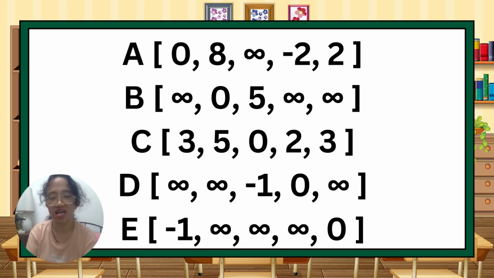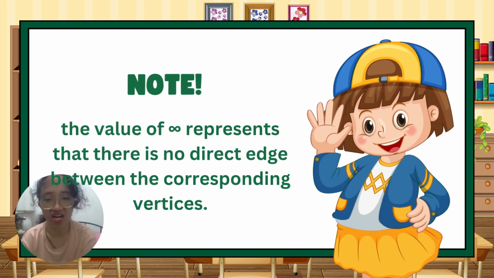For vertex D: infinity, infinity, -1, 0, and infinity. Lastly, for E: -1, infinity, infinity, infinity, and 0. Again, in this adjacency matrix, the value of infinity represents that there is no direct edge between the corresponding vertices.